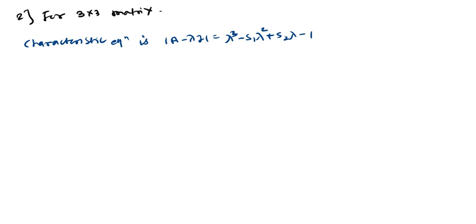Its characteristic equation is determinant of A minus lambda I, which will be equal to lambda cube minus s1 lambda square plus s2 lambda minus determinant equal to 0, where s1 is again the sum of main diagonal elements.